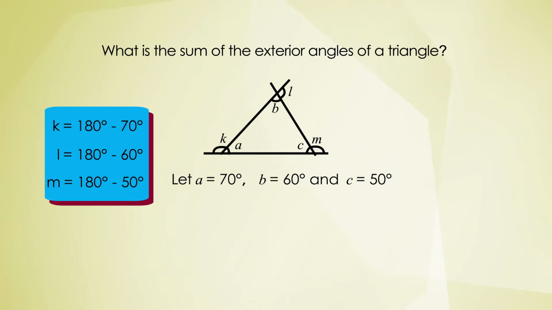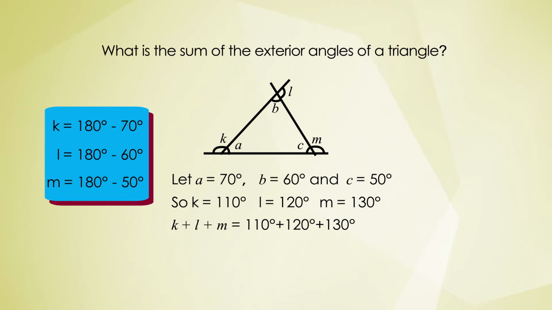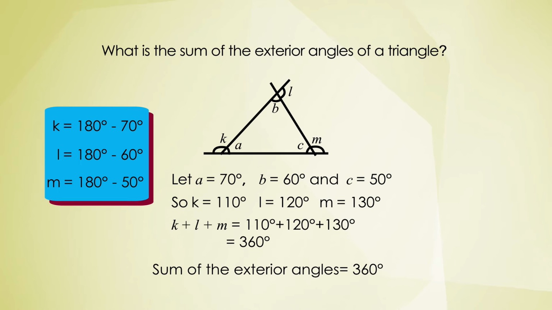And we will get K equals 110 degrees, L equals 120 degrees, and M equals 130 degrees. To calculate the sum of the exterior angles of the triangle, we add up the angles K, L, and M, and this will give us 360 degrees. Excellent, pupils!